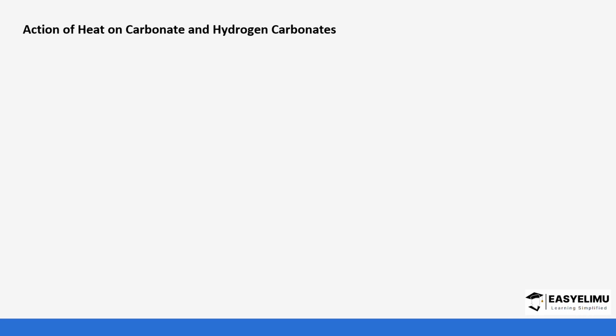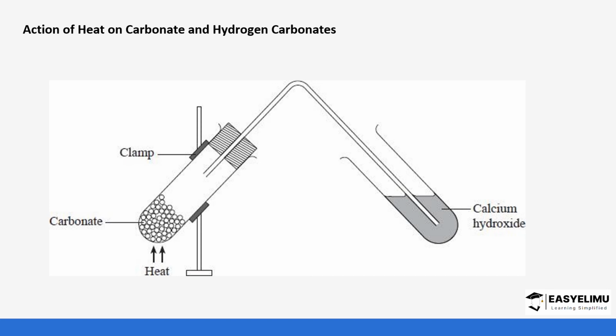When you look now at the action of heat on carbonates and hydrogen carbonates, this we have discussed also in salts. So carbonates are heated in a boiling tube, and then the gases are collected by passing them through calcium hydroxide, which is also limewater.